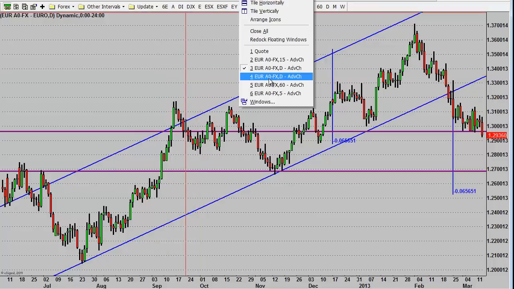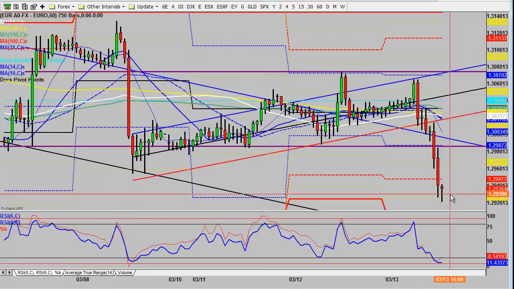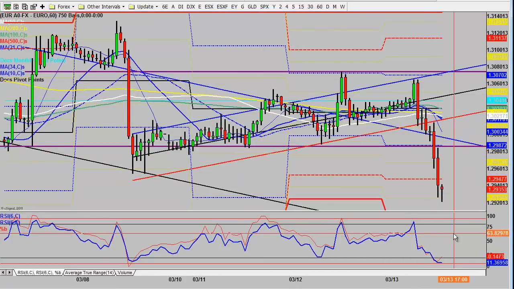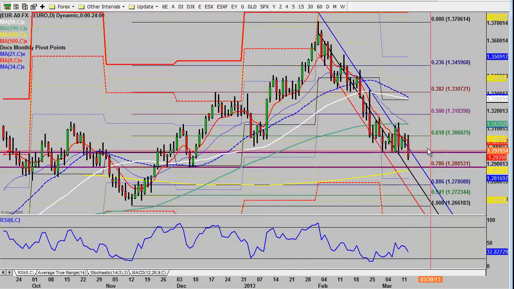It could consolidate where we are in the short term, but it is looking weak, and yes, it's a bit oversold in the short term. We could get bounces. The view though for me is it looks like regression to the mean, if you like. It got quite away from the mean.